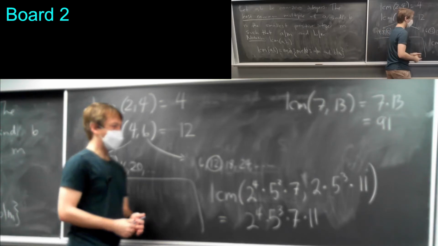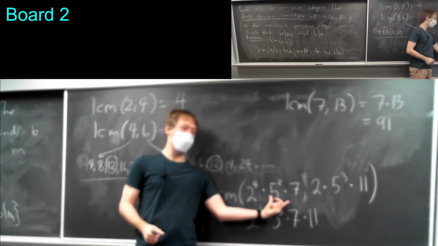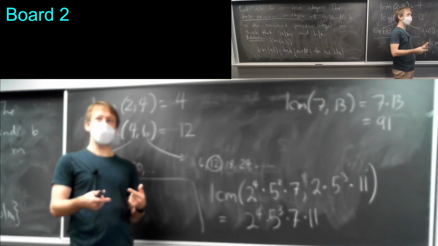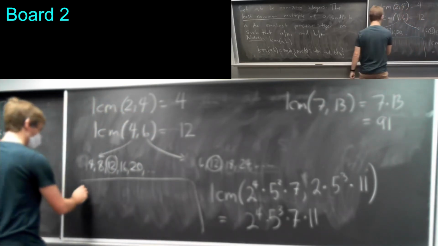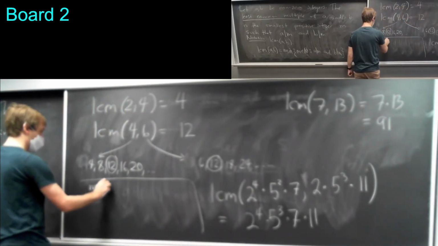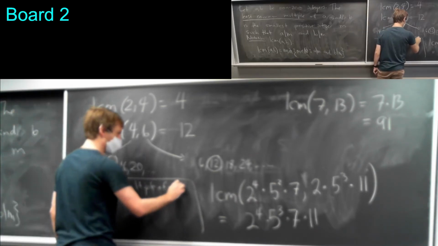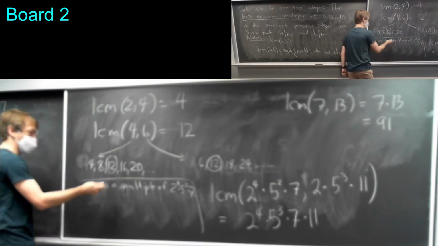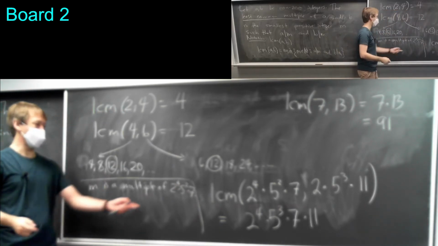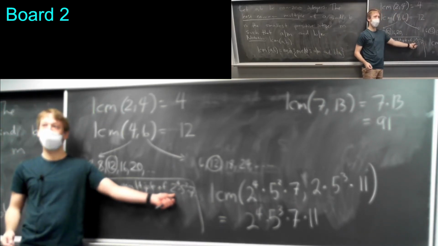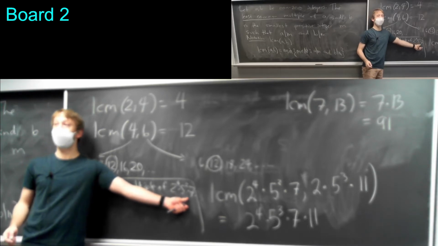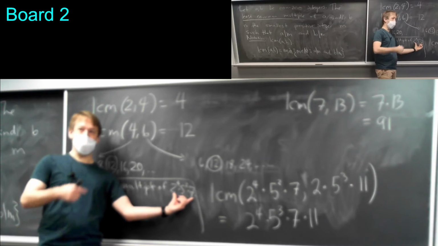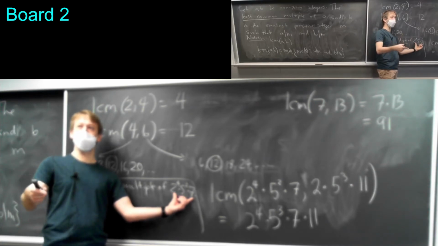So if you have a number m which is a multiple of the first number, let's say m is a multiple of 2 to the 4, 5 squared times 7. The prime factorization of m has to include 2 to the 4, it has to include 5, and it has to include 7, because any multiple of this number will be divisible by those primes.